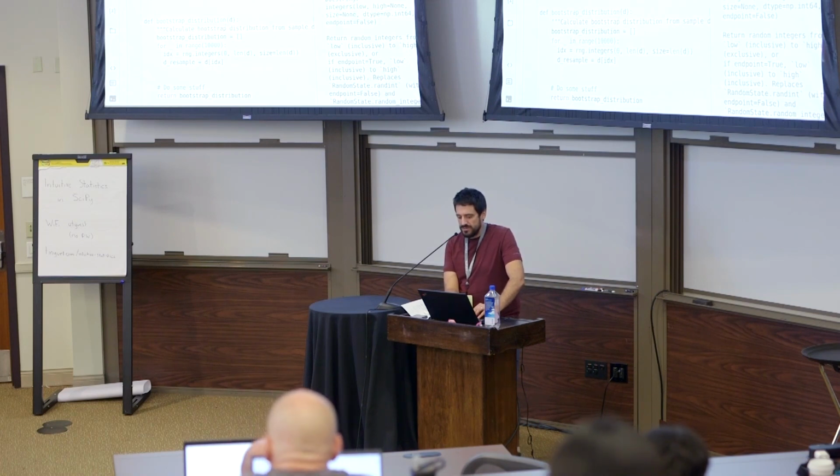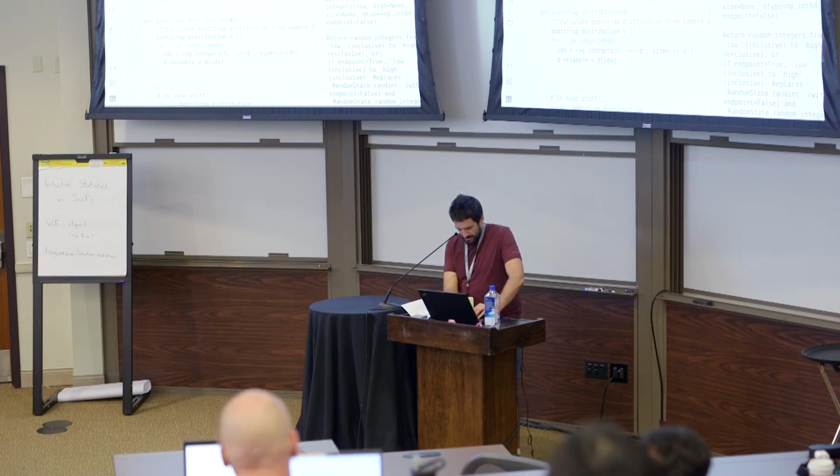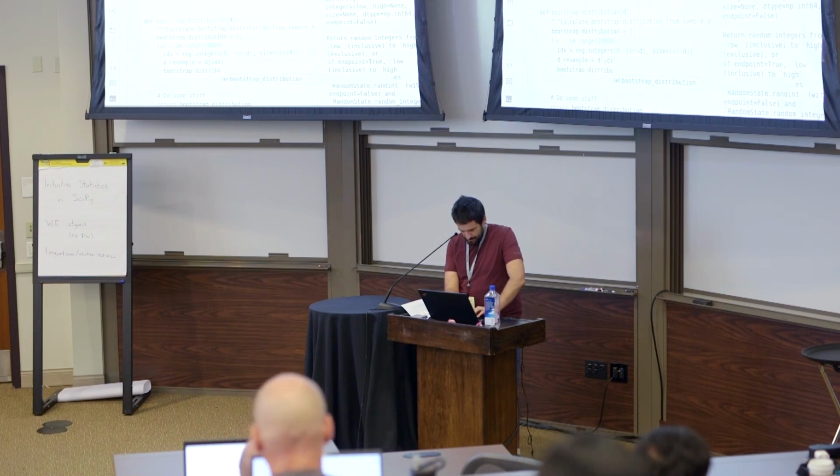So each index that comes up can appear again. We don't throw out a data point because we already included it. So then I have a resample, and then I append the sum to the bootstrap distribution.